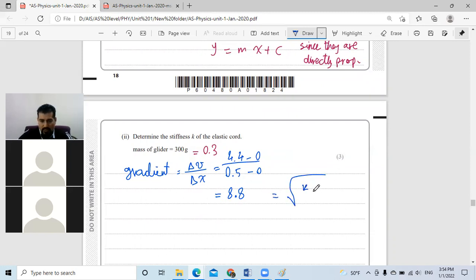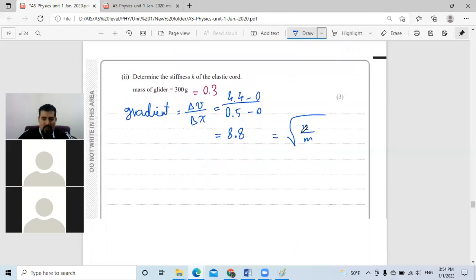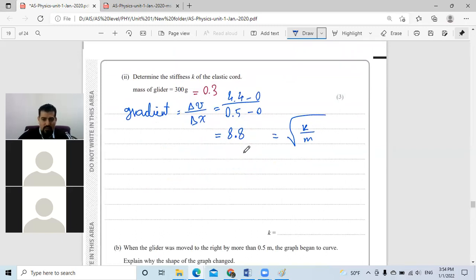Now this gradient is equal to the square root of k divided by m, and I need to find k. So 8.8 squared equals k divided by the mass, which is 0.3.